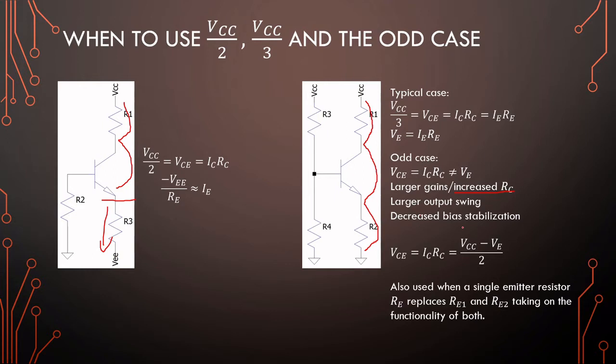Just note that this decreases our stabilization. But VCE equal to IC RE equal to VE is a more common case when we are using R load prime. Okay, so don't go directly ahead and assume VCC over 3 when you're dealing with R load prime.